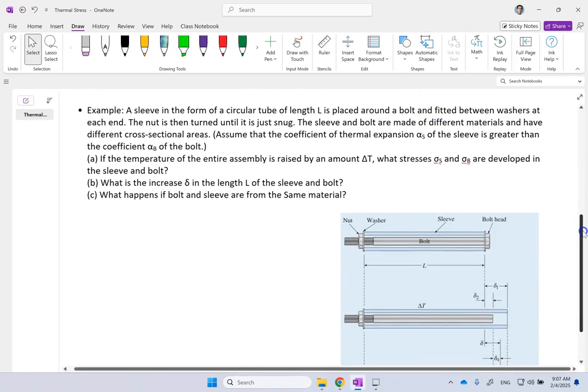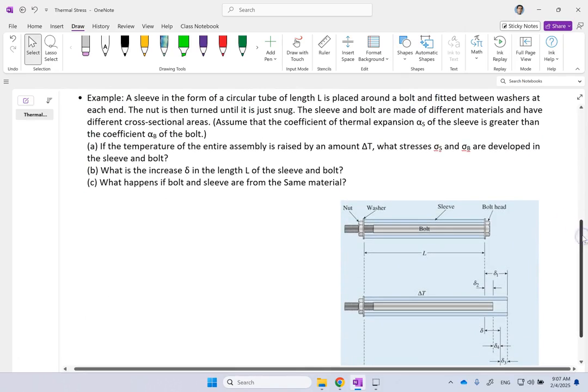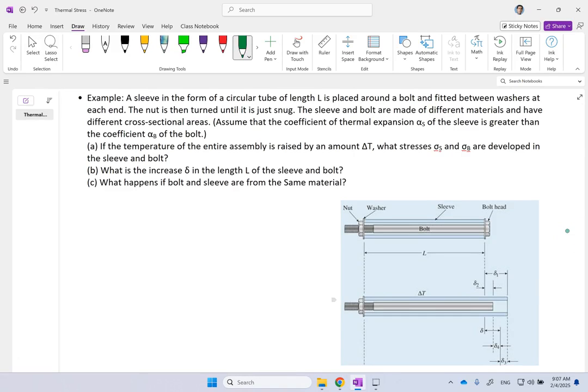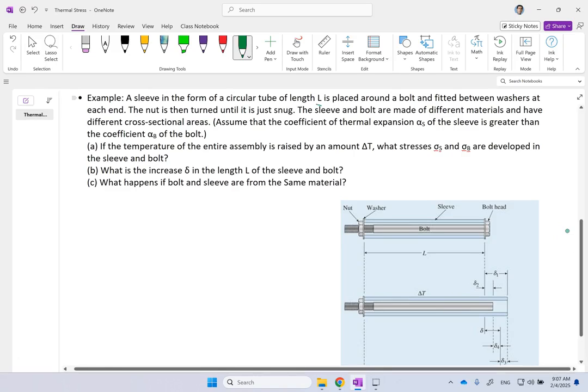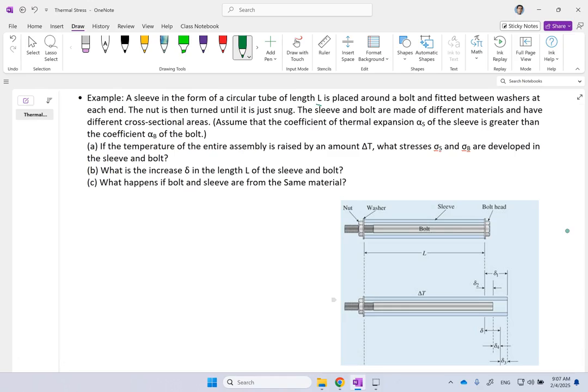And here is an example of such a problem. So here we have this sleeve in blue, and it's a tube with length L. The cross section of that is A sub S, okay? And the length of it is L, as I said.